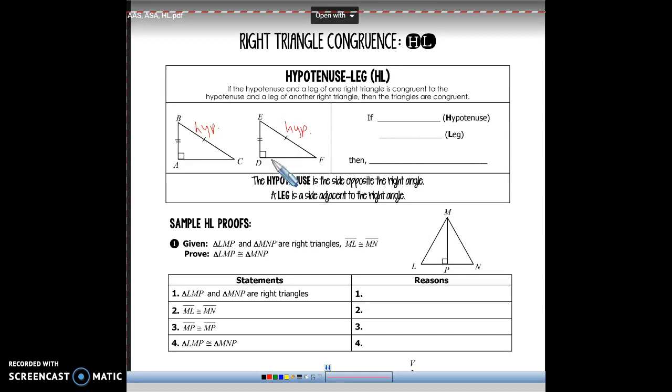So here, if your hypotenuse, which is BC, is congruent to EF, and then you have a set of legs, here that would be BA is congruent to ED, then that means triangle ABC would be congruent to triangle DEF.